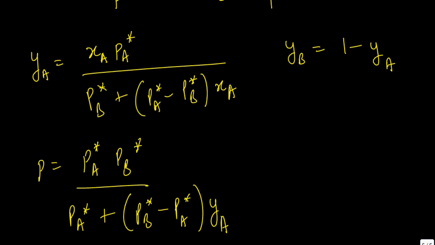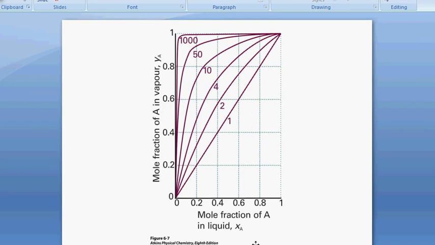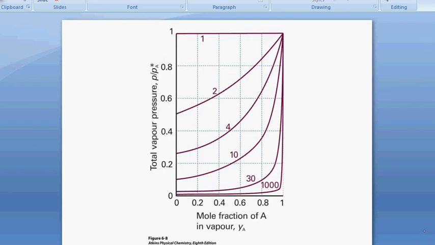Anyway, now it gives me a chance to plot pressure as a function of the mole fraction of A in the gaseous phase. Why I am doing this is because earlier I had plotted pressure as a function of the mole fraction of A in the liquid phase. If I see this, they've just normalized it by PA star, which doesn't matter, since PA star is a constant.